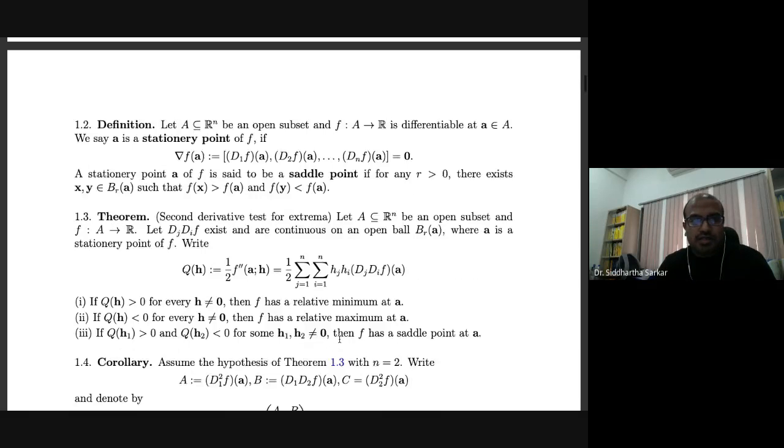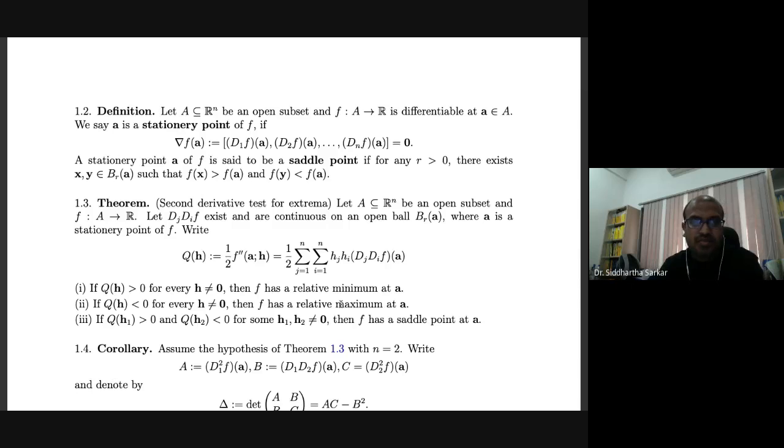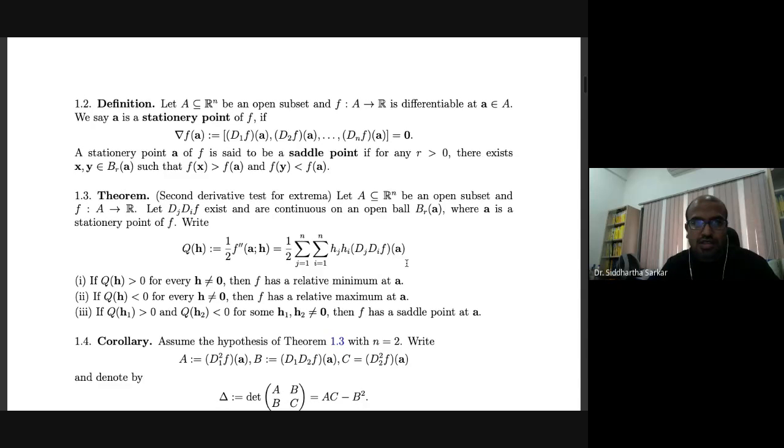So this is the theorem. Essentially, this is identically proved using Taylor's theorem up to second order, but to write down things is a little bit messy. So let's just go through it without the proof. So the second derivative test says that the setting is the same.